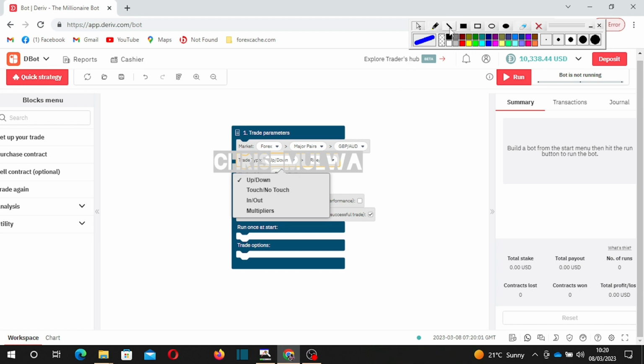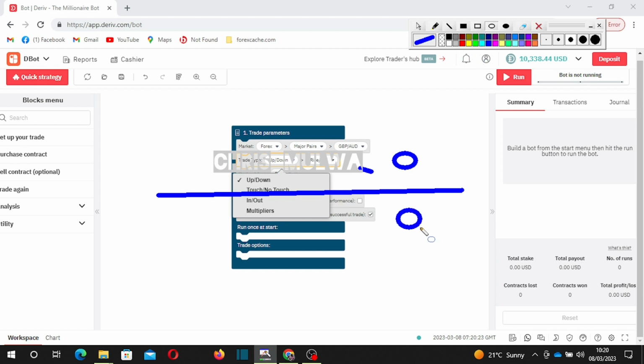For instance, let me explain a little bit. Say that this is the market now. So if the order is up, okay, if the order is somewhere up, you win. And if the order is down, that means that you are off. So that is a fail.